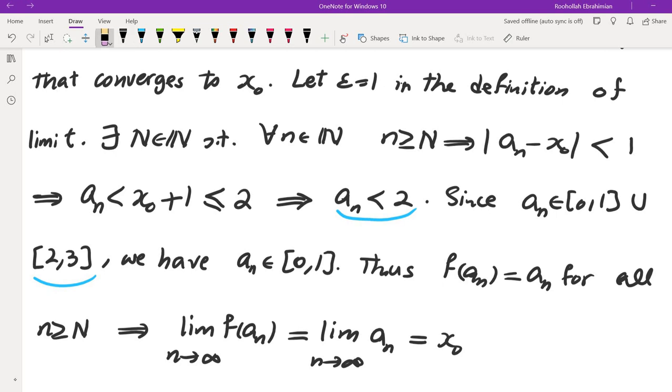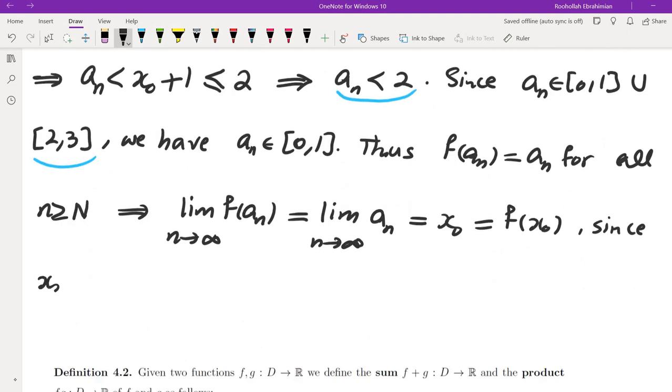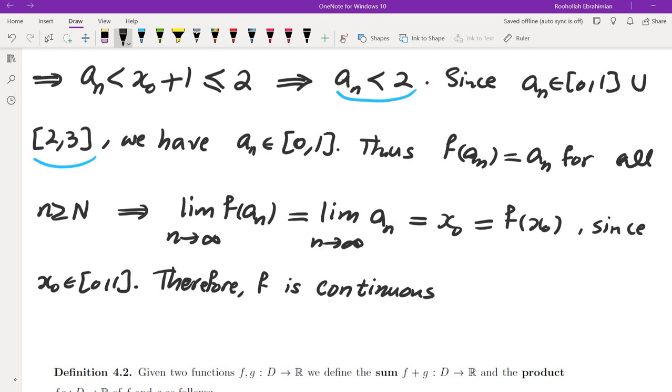And of course, f of x naught is x naught, since x naught is between 0 and 1. So therefore, f is continuous at x naught.